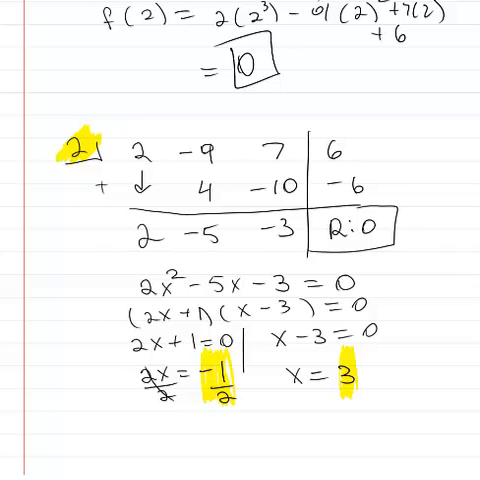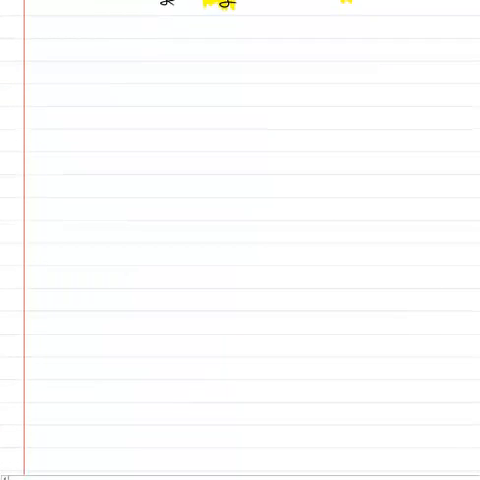Okay, now number 19 is similar, but this one we will also have to go through the potential roots to try to identify what's the root of the polynomial. Okay, so number 19. Alright.